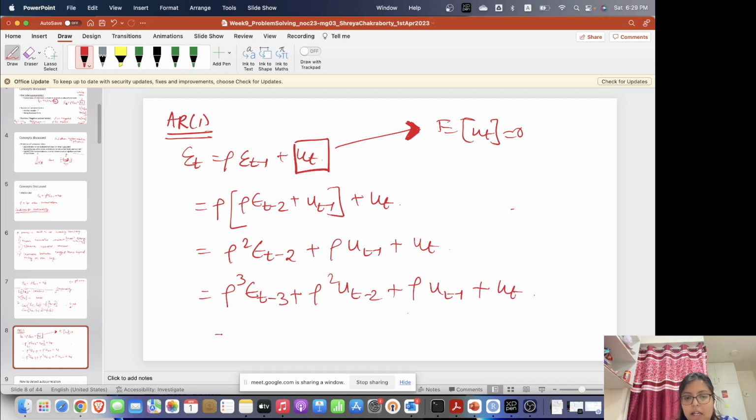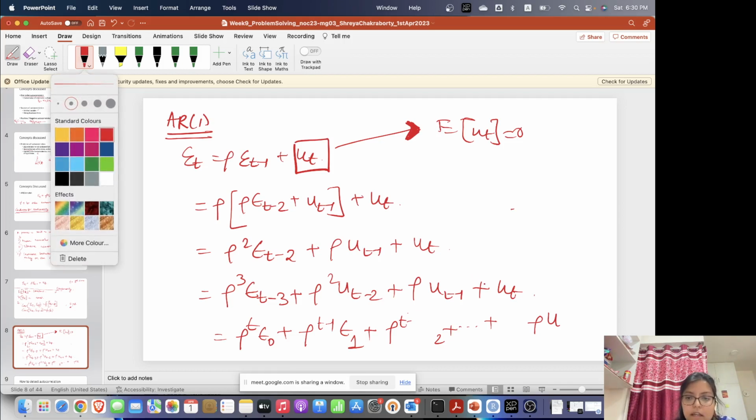So ultimately we would have something like rho to the power t epsilon naught plus rho to the power t minus 1 epsilon 1 plus rho to the power t minus 2 epsilon 2 plus so on, rho u, sorry, this will be u t minus 2.